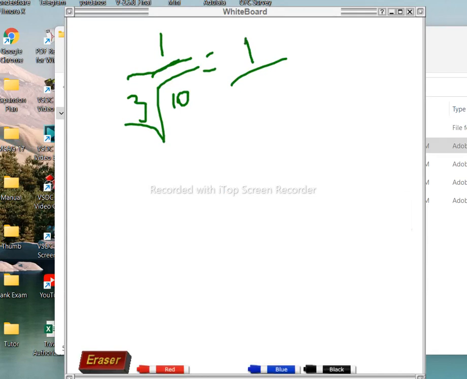Over means it is a fraction. So 10 to the power of 1 over 3, and 1 divided by 10 to the power of 1 over 3.